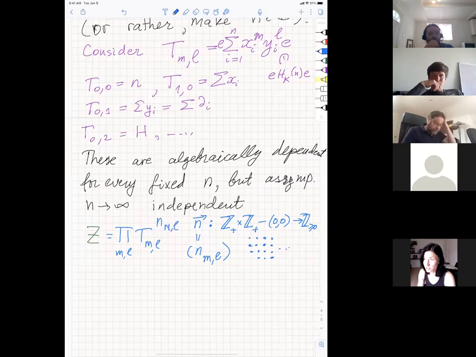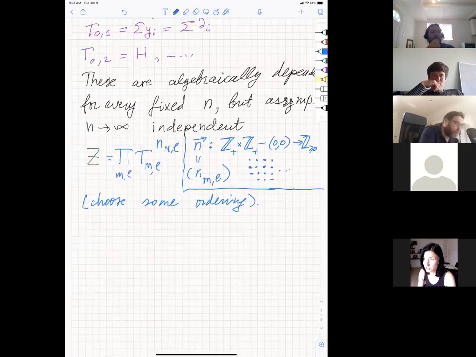And because we are in a non-commutative algebra, we really have to say in what order. So we choose some ordering. And then this is going to be called z sub n.